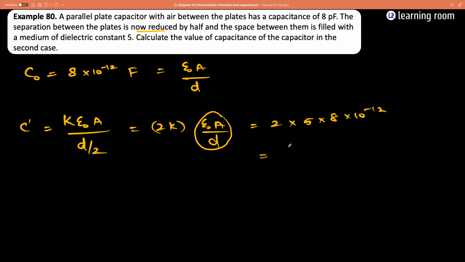So 40 into 2 is going to be 80 picofarad. So the capacitance has increased by a factor of 10. Clear? Right?